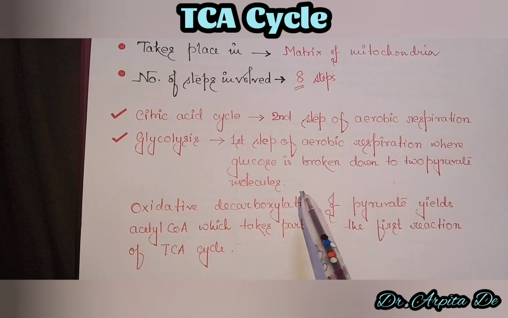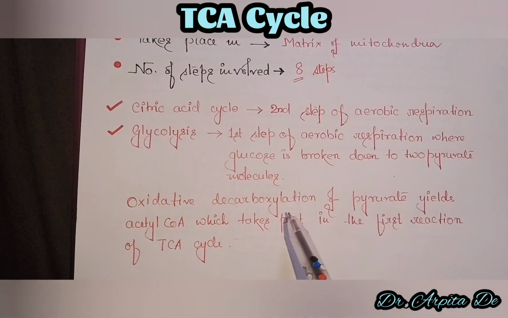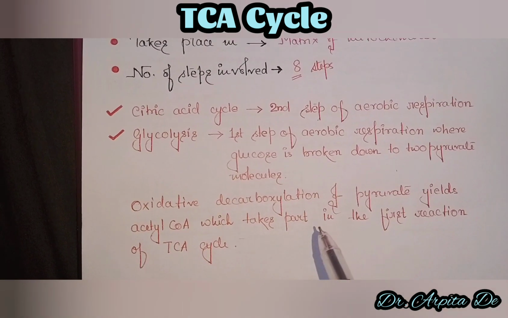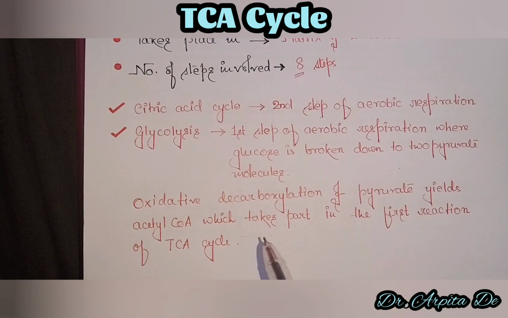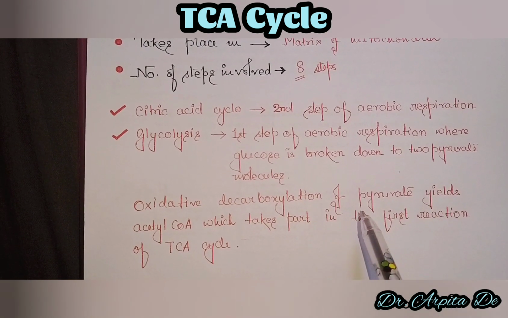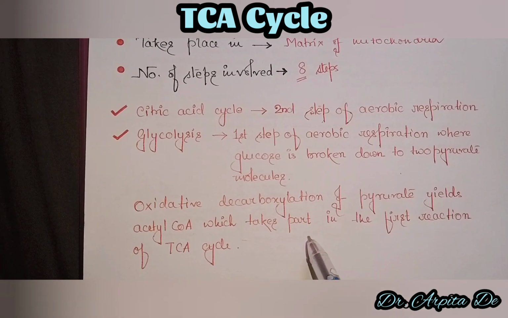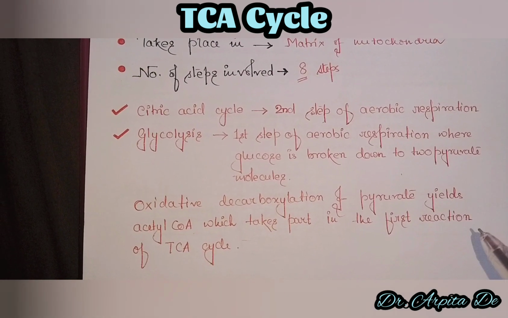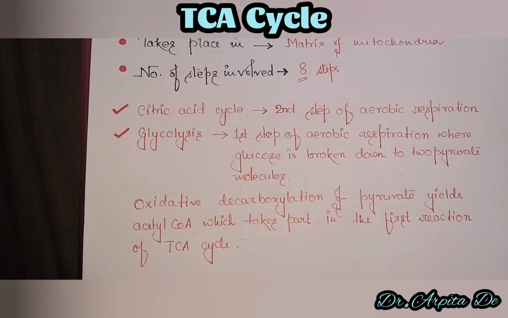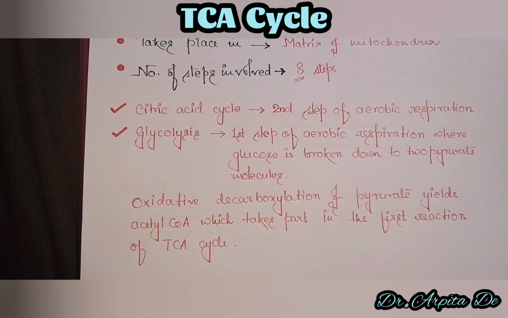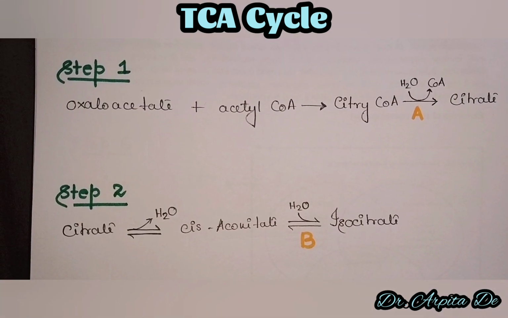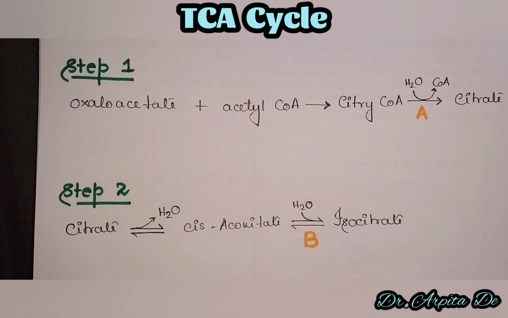I'll share the link in the comment box or description box. Oxidative decarboxylation of pyruvate yields acetyl-CoA, which takes place in the first reaction of the TCA cycle. So let's start with the very first step.